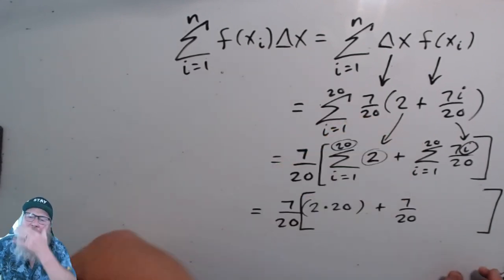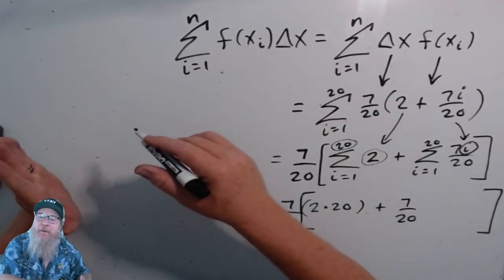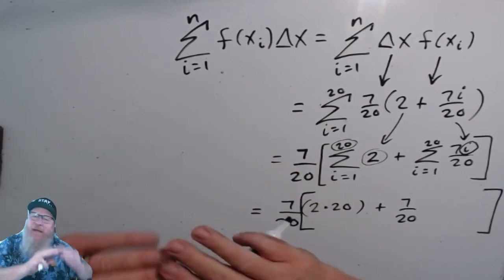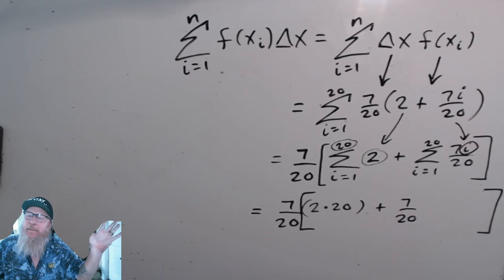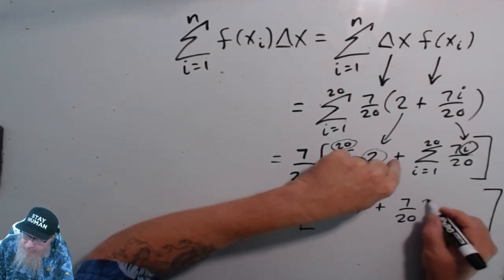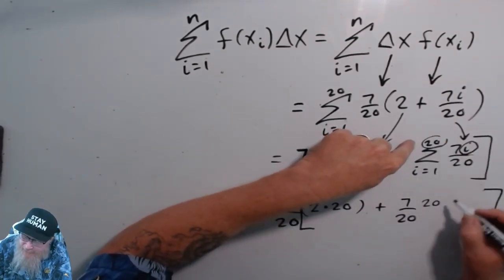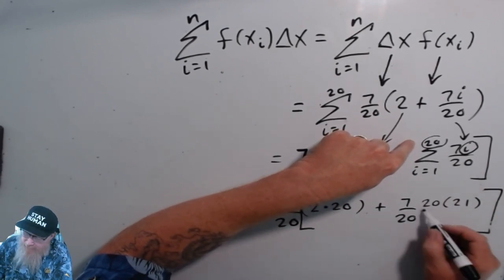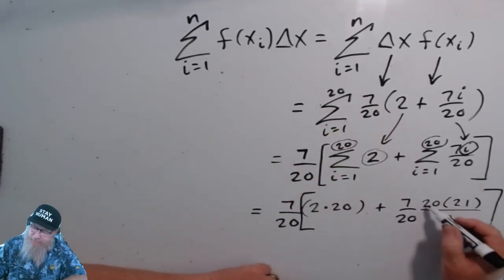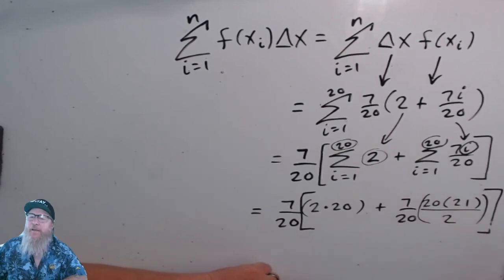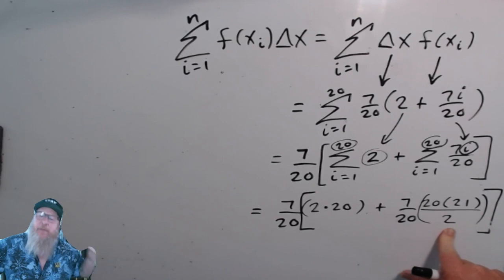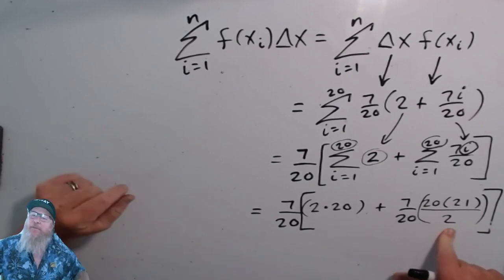All right. Now, again, you can take out a piece of scratch paper and just go 1 plus 2 plus 3 plus 4 plus 5 plus 6 plus 7 and stop when you get to 20, right? Or you could use the formula 20 times 20 plus 1, which is 21, divided by 2. This is the same thing as adding 1 plus 2 plus 3 plus 4 plus 5 all the way up to 20.